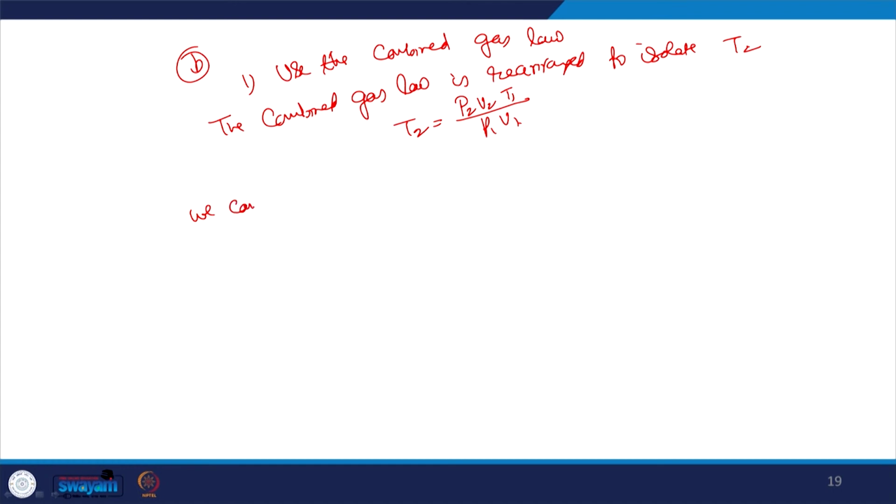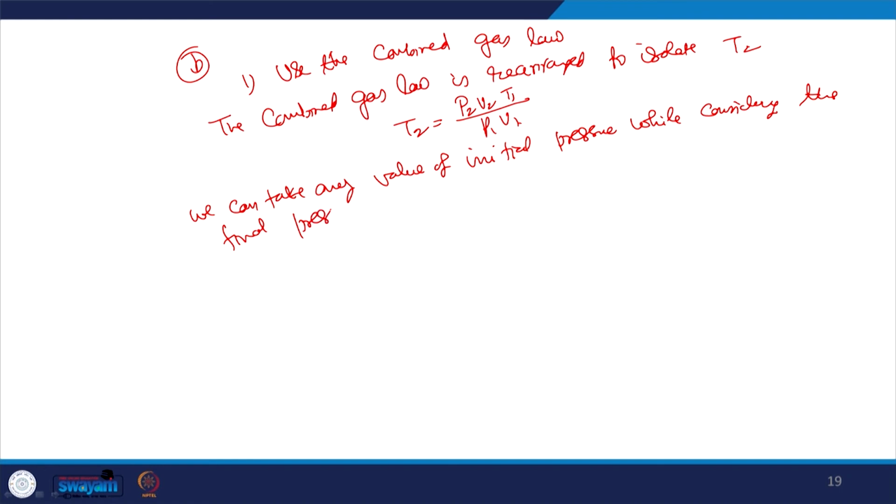Now we can take any value of initial pressure while considering the final pressure to be doubled. Now take it 1 atmosphere.